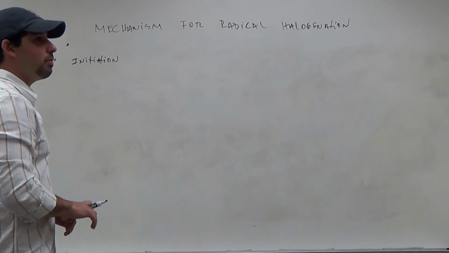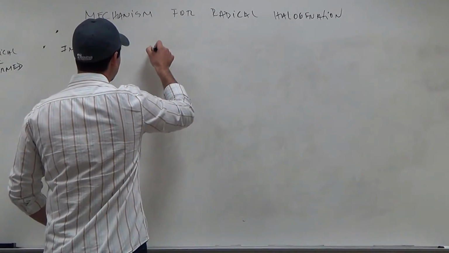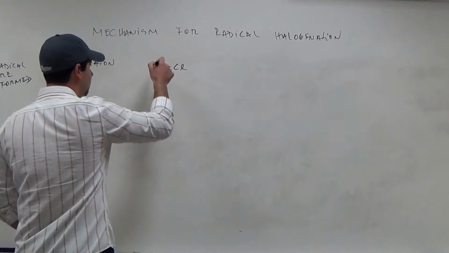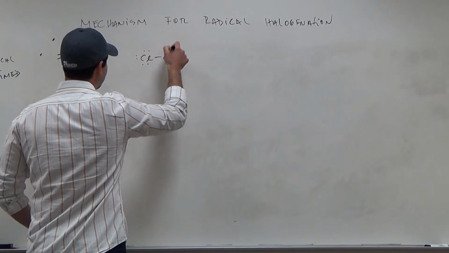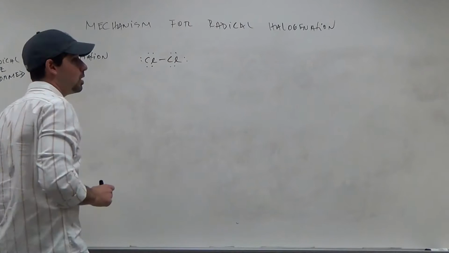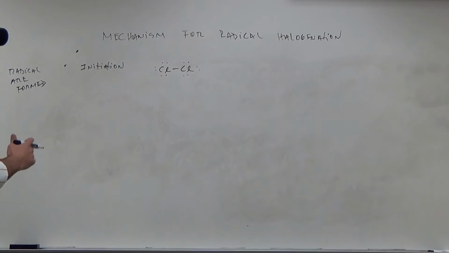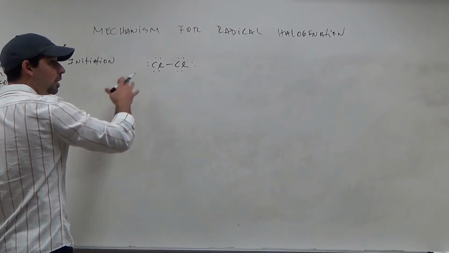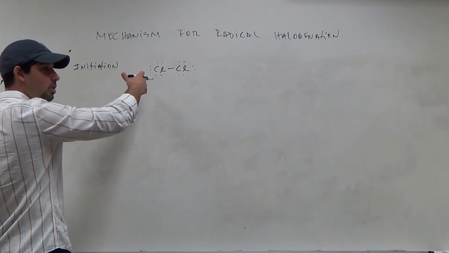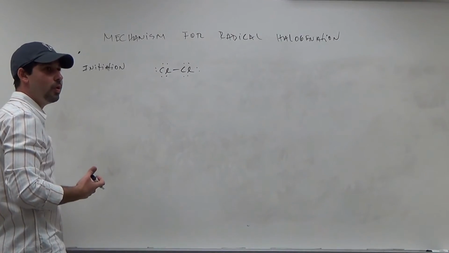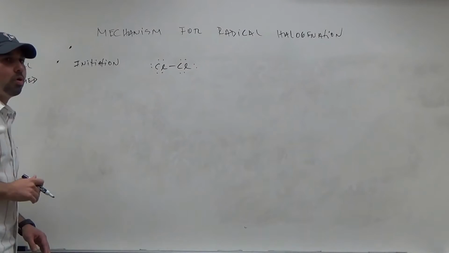Now these radicals are formed, and most of the time these radicals will be formed from here. Carbon-hydrogen radicals or carbon-carbon radicals take a lot of energy to form, but these don't take that much energy. So under given conditions of light or heat, which radicals are going to get formed first? Chlorine radicals.